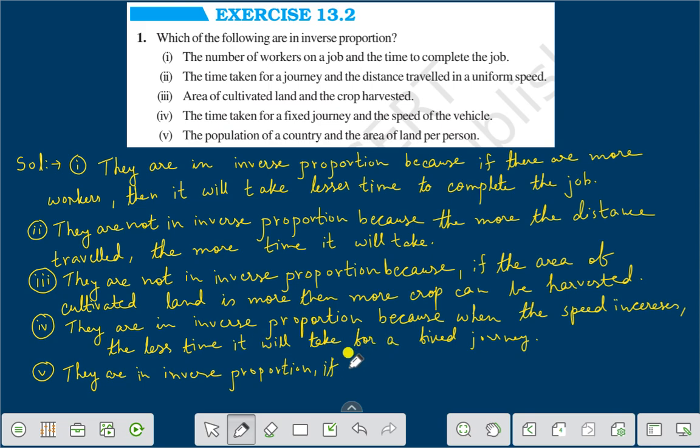Here you see they are in inverse proportion, because if the population increases, then the area of land per person will decrease, right?